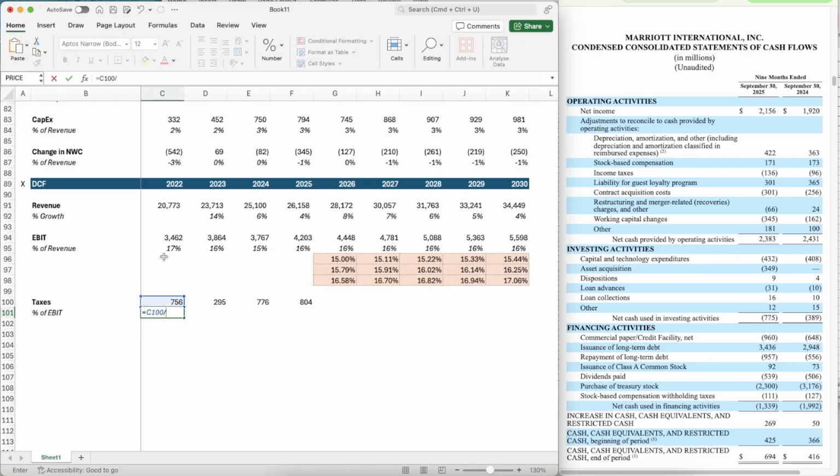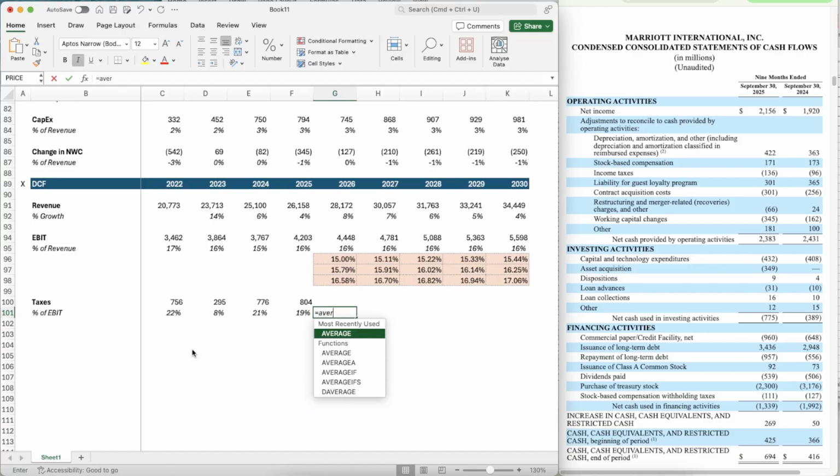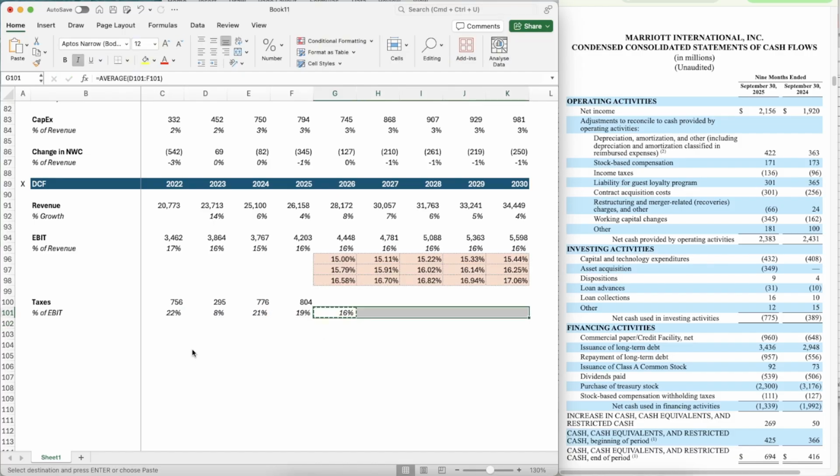Percentage of EBIT is taxes divided by EBIT. Go take an average. Take your EBIT multiplied by. There we have it. So as we simulate here, these are going to update too.